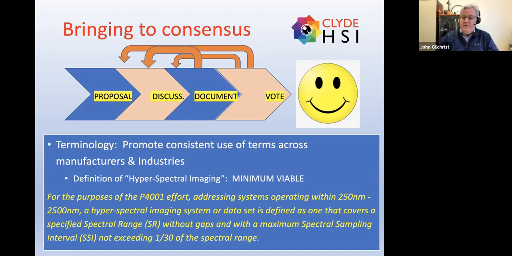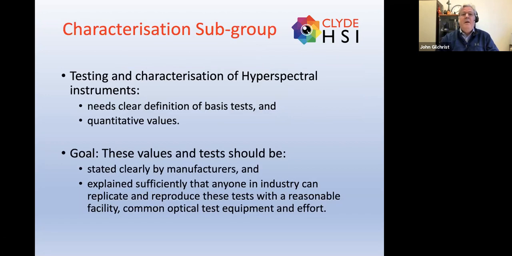And that is spatial-spectral. And that's one of the clear tasks of a subgroup. And not only to define the operational parameters, but how to test this in real life situations that the normal person can, if they wish, test in their laboratory.